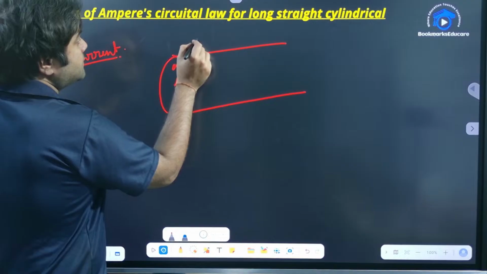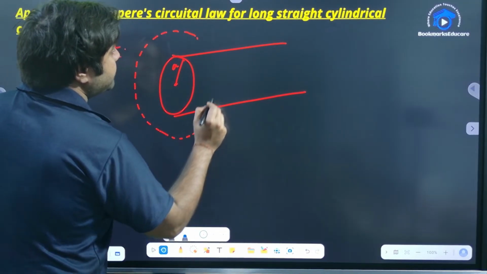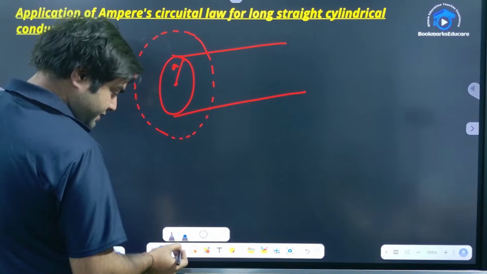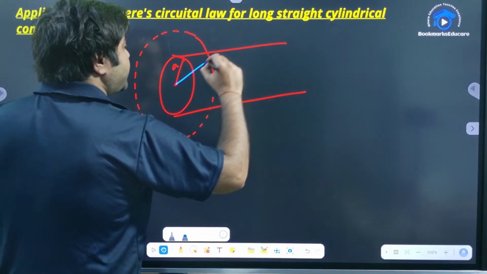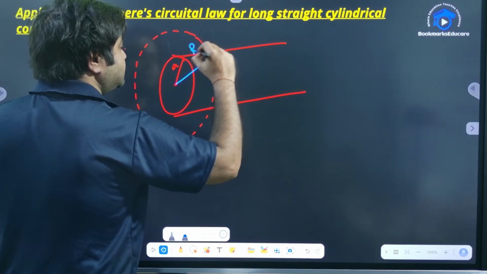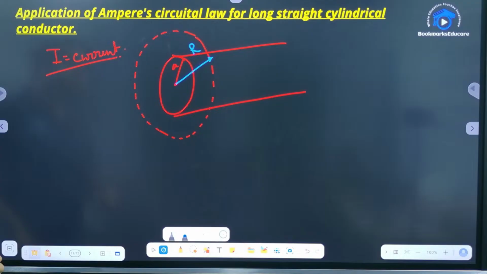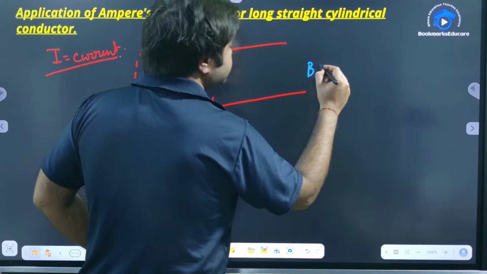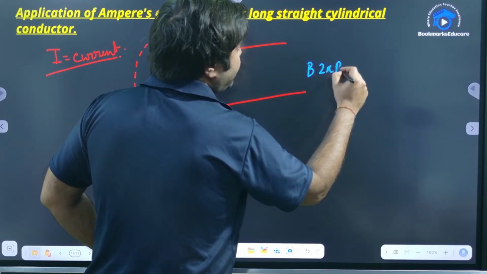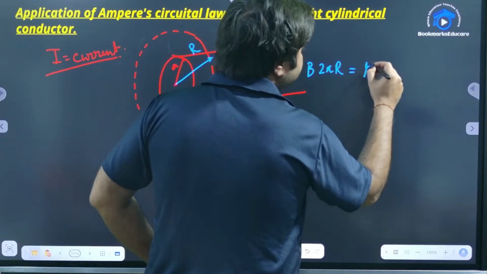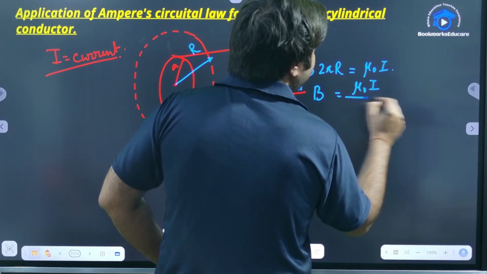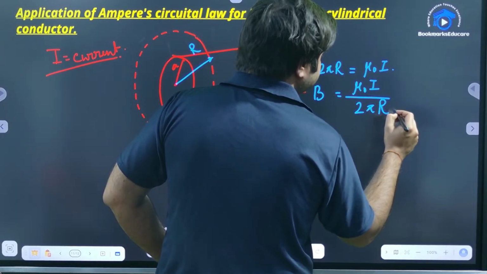Now we are considering an Amperian loop outside, and this has the radius of R. So if I apply Ampere's law, what I will get is B 2 pi R equals mu naught I, or rather B will be mu naught I by 2 pi R.